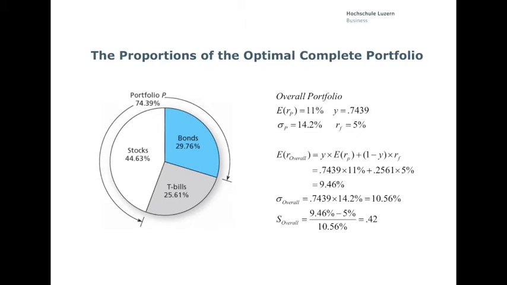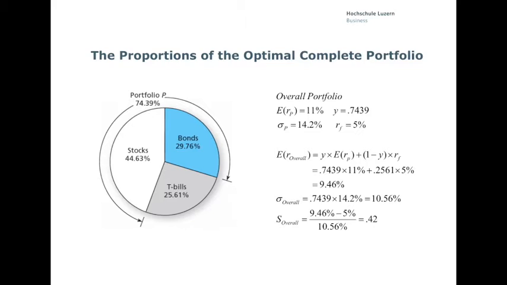We can actually calculate the complete portfolio by using the previous general formula for the expected return. It's simply the weight of the risky portfolio times its expected return plus the weight of the risk-free portfolio times its risk-free rate. This equals 9.46%.